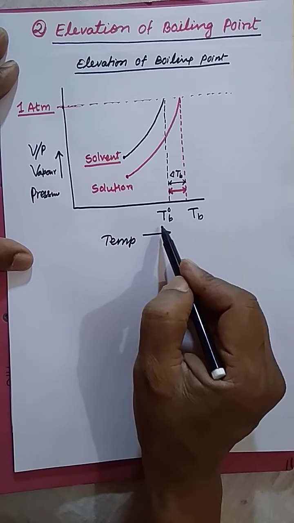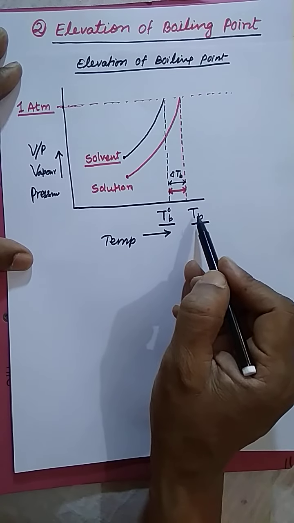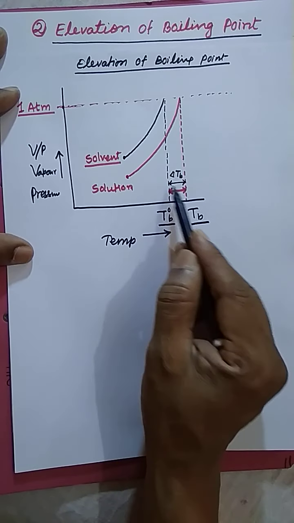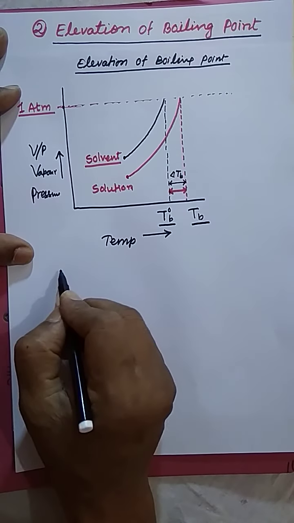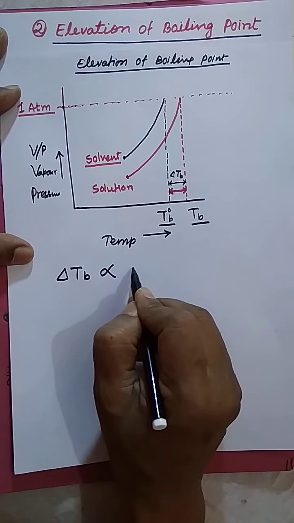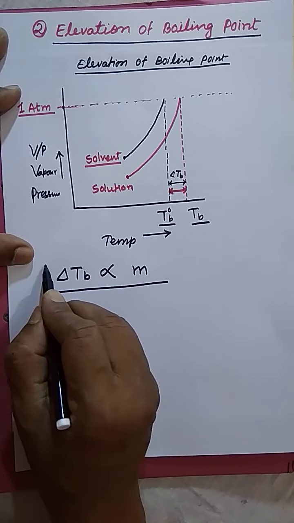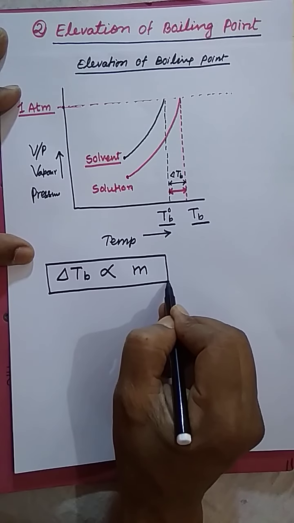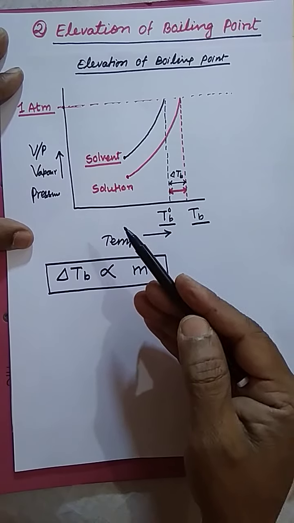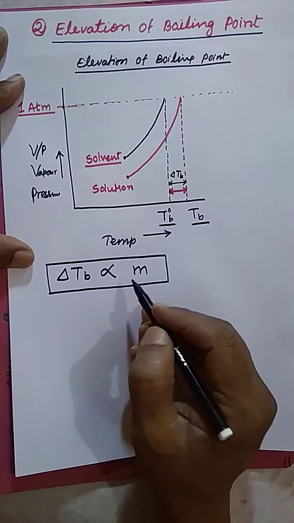Delta Tb is the elevation in boiling point, T0b is the boiling point of solvent, and Tb is the boiling point of solution. So the difference of these two is the elevation in boiling point, and elevation of boiling point is directly proportional to the molality of the solution. Why molality? Why not molarity? Because molarity is temperature dependent, and here the process is heating. The solution is being heated, right?